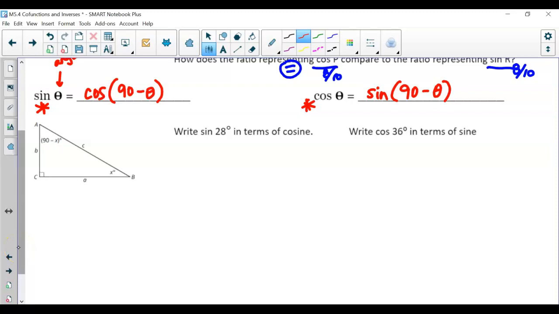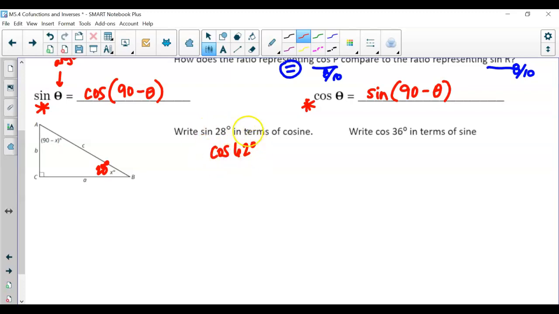So like here, and this is just to show you now with the variable, same thing. If I wanted to write sine of 28 degrees in terms of cosine, so if I have sine of 28 degrees, then that's the same as cosine of 62 degrees.